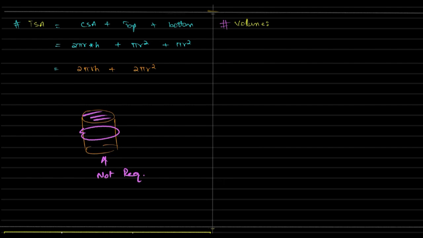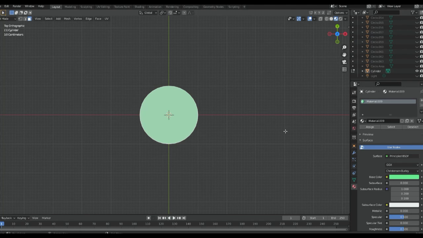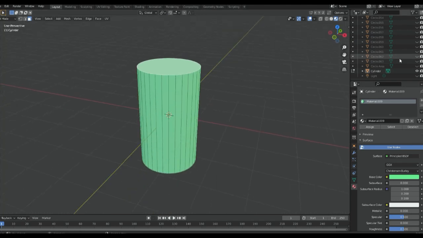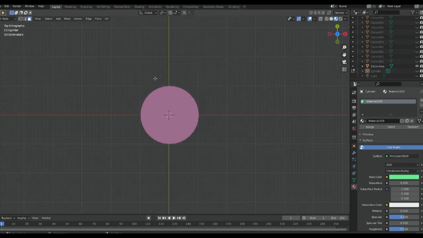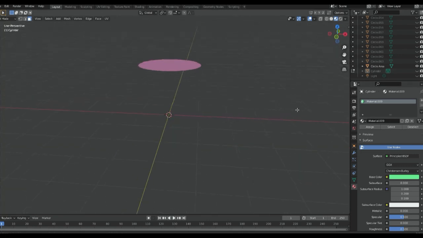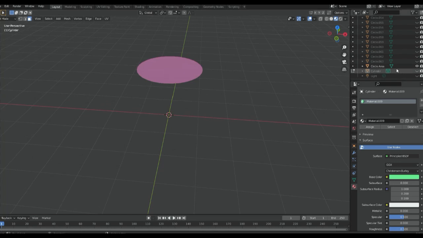Okay, now we'll look into volume. So for volume, I need to have, okay, yeah, it's here. So we have a circle, right? It's not a cylinder. Have a look at it. It's not a cylinder. I have a circle. Now what will I do?